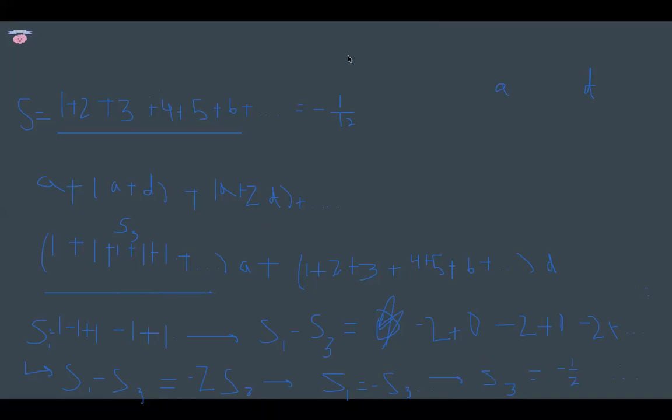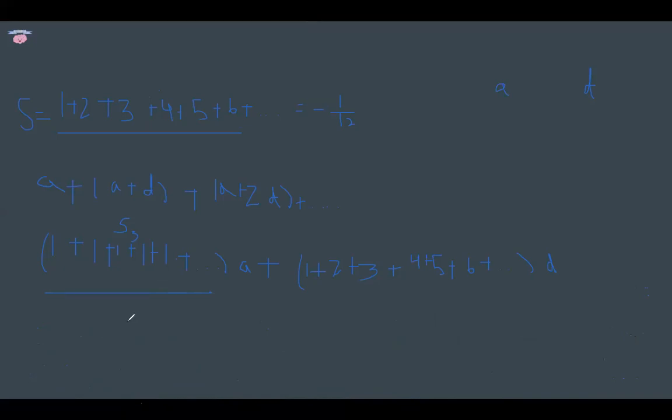Now that we know that S3 is equal to negative 1/2, time to erase all of this and get back to our regular proof. This was just an intermediate proof, something I had to do in between.